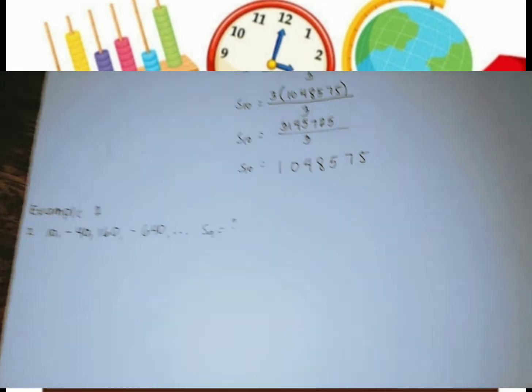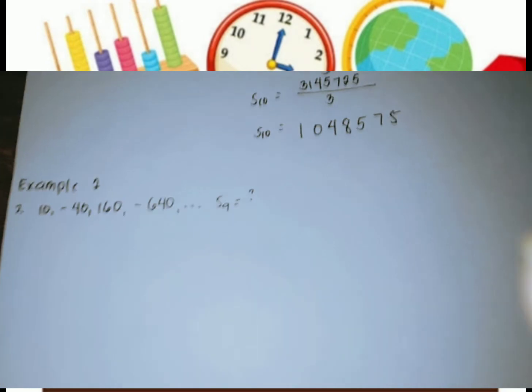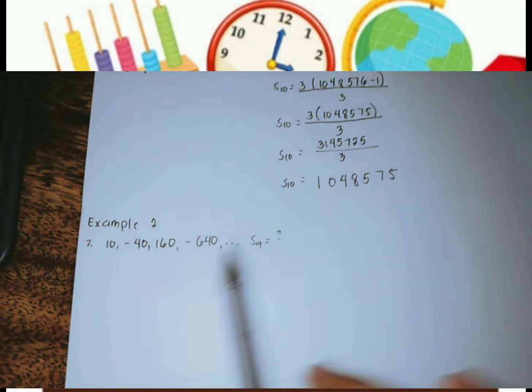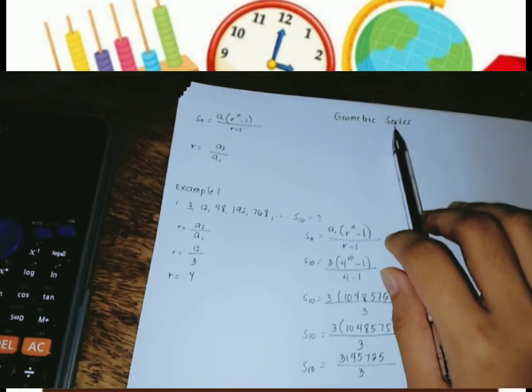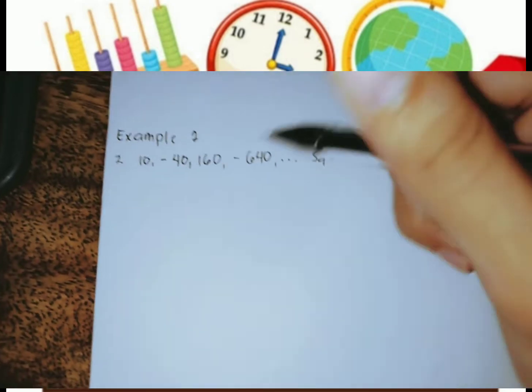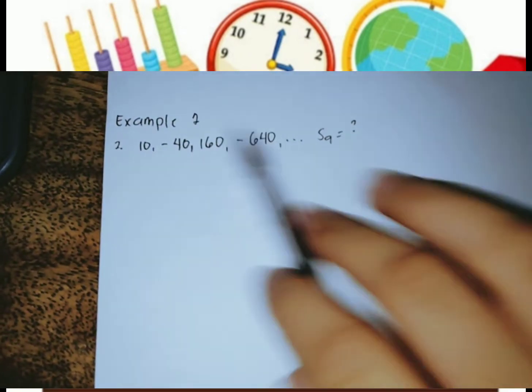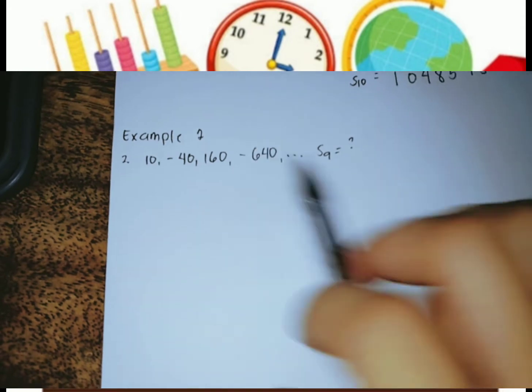So now we will continue our discussion of example number 2 of the geometric series. First, we will find the ratio.